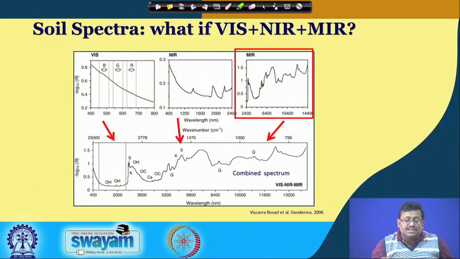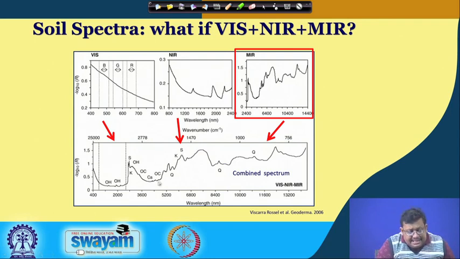So, what are the spectral signatures? You see here we have combined the soil spectra of these 3 ranges. This is the visible range, this is the near infrared range, and this is the mid infrared range. In the mid infrared range, these are the fundamental absorption features, which occur from absorbing infrared rays by different organic molecules or groups. Some overtones and combination bands are seen in the near infrared range. So, it is a combined visible, near infrared and mid infrared spectrum of a soil.